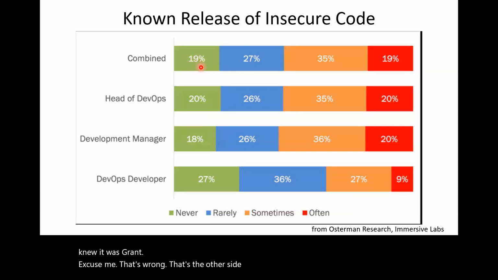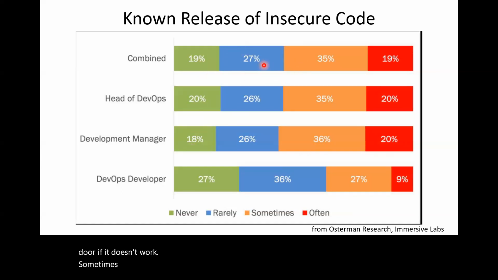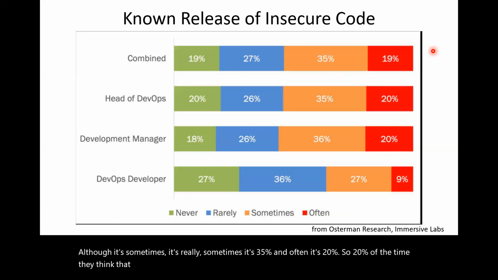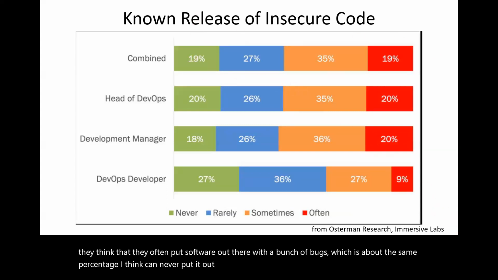Never, 20%: nope, we never put it out the door if it doesn't work. Sometimes, well, 27%, sometimes we do if there's a bug. Although actually, that's not sometimes, that's rarely. Sometimes it's 35%, and often it's 20%. So 20% of the time they think that they often put software out there with a bunch of bugs, which is about the same percentage that think they never put it out there.